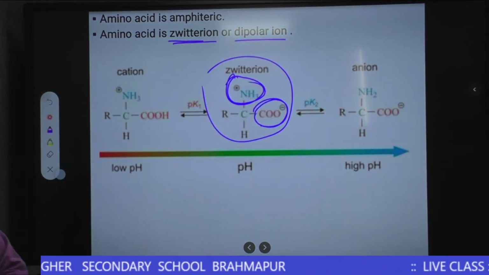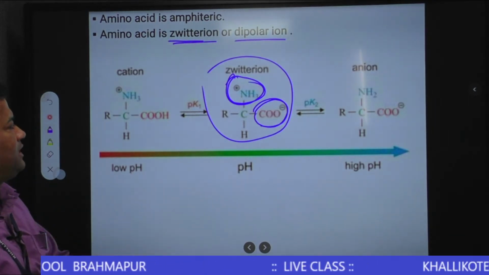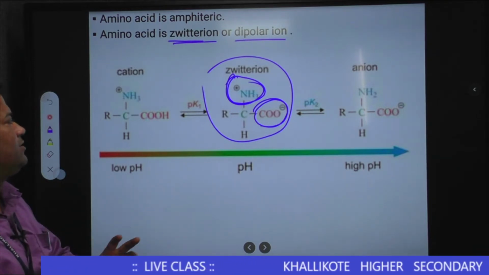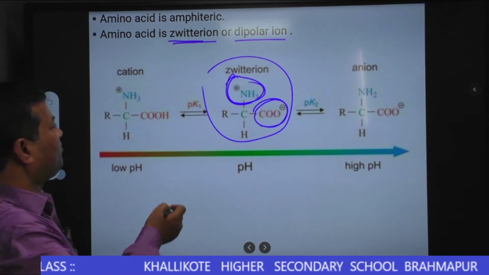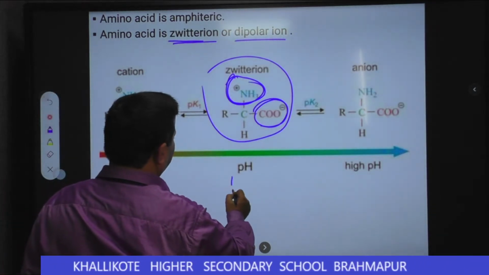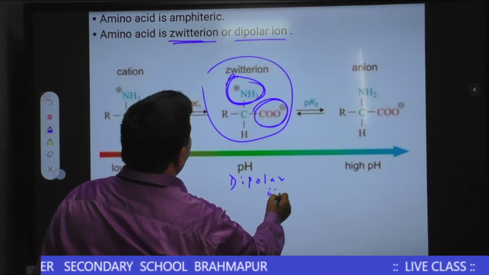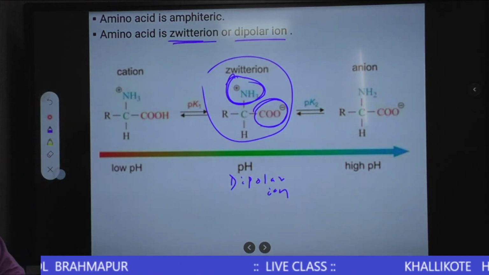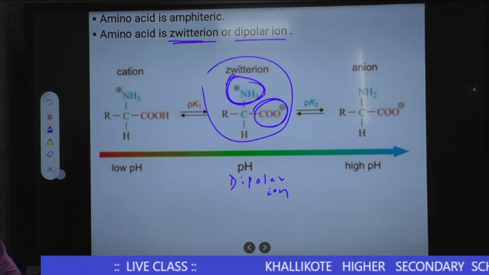This point, which has neither positive charge nor negative charge, is called the isoelectric point. This type of ion is also called a dipolar ion, or a zwitter ion. So amino acid is also called a zwitter ion or dipolar ion.